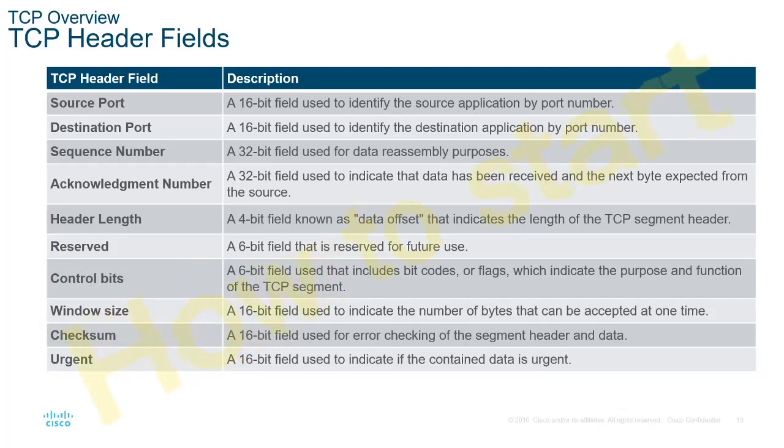The control bits are a 6-bit field used to include bit flags. Window size is a 16-bit field used to indicate the number of bytes that can be accepted at one time before an acknowledgement is sent. Checksum is a 16-bit field, and there is an urgent field that's also 16-bit, and it is used to indicate whether the data it contains is urgent or not.